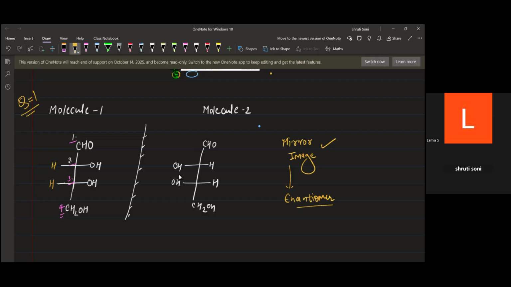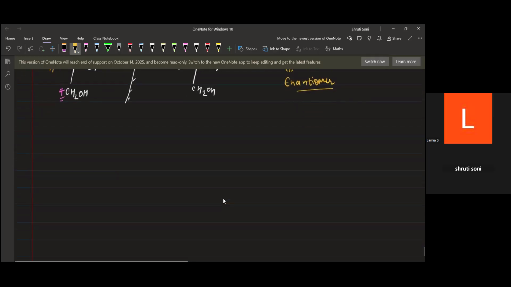So meso compounds. In the case of meso compounds, you need to know that two conditions are needed.